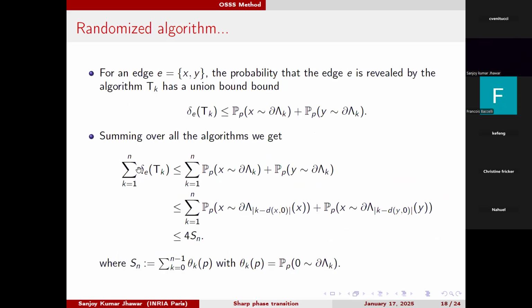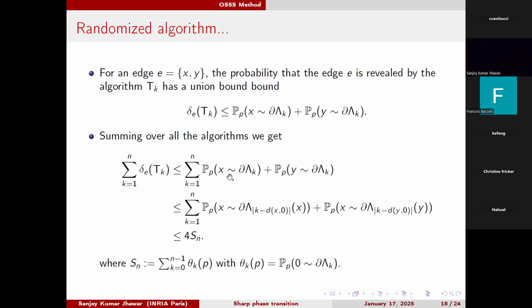Okay, so you can sum this type of revealment probability and try to get an upper bound for this sum, right? This is a bit tricky part, where let's say you take the sum over k on both sides of this inequality, and then take the first vertex x.